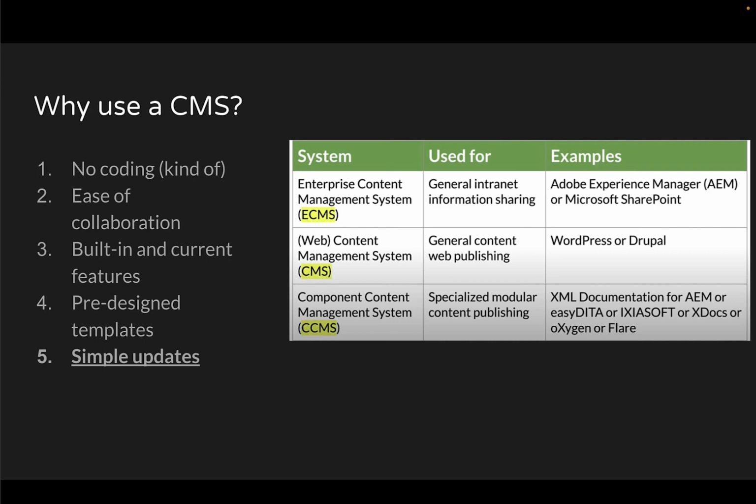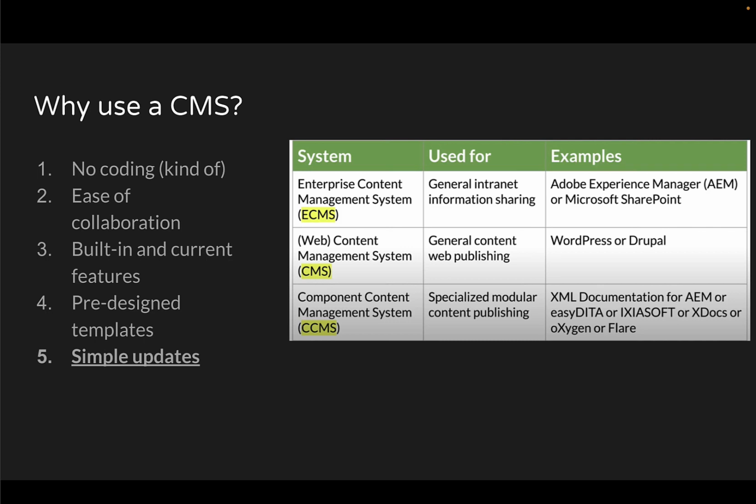Second, ease of collaboration, right? You can have multiple users in a content management system, and in WordPress in particular, you can assign roles to those users. So you can have a user that's an editor, for example, versus one that's an administrator who would be working more on maybe the back end. Number 3, there are built-in and current features, especially with WordPress being a huge platform that houses a huge number of websites.